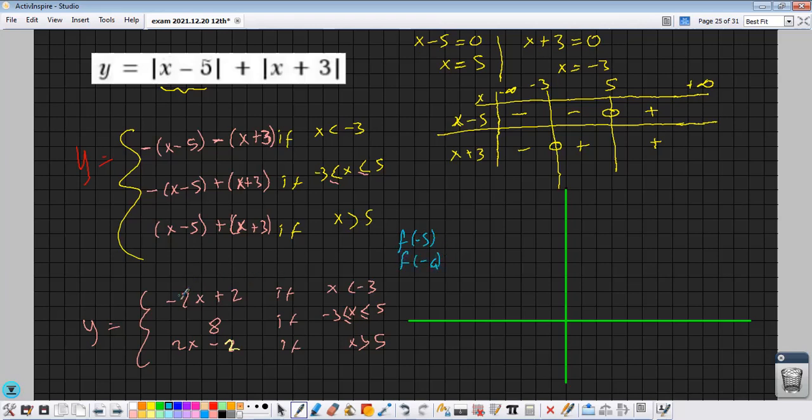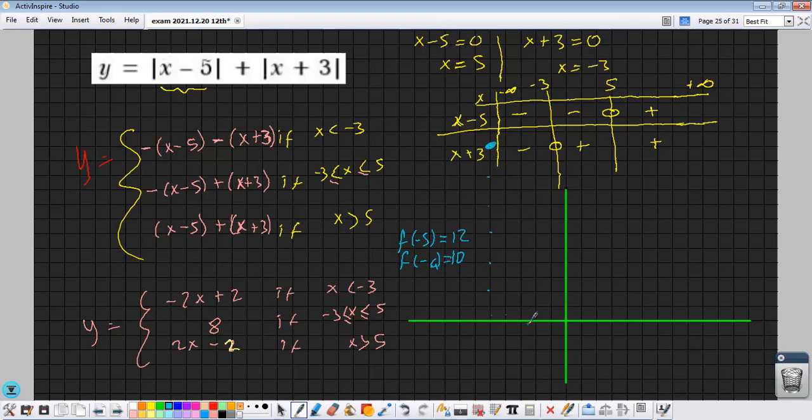f of minus 5: minus 2 times minus 5 is plus 10, plus 2 is 12. f of minus 4: minus 2 times minus 4 is plus 8, and plus 2 is 10. So when x is minus 5, I have the result 12 at this point.